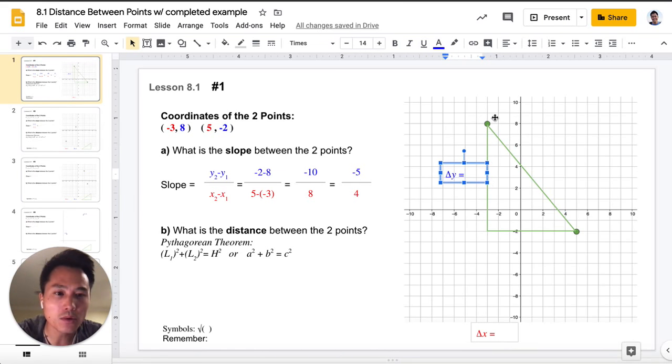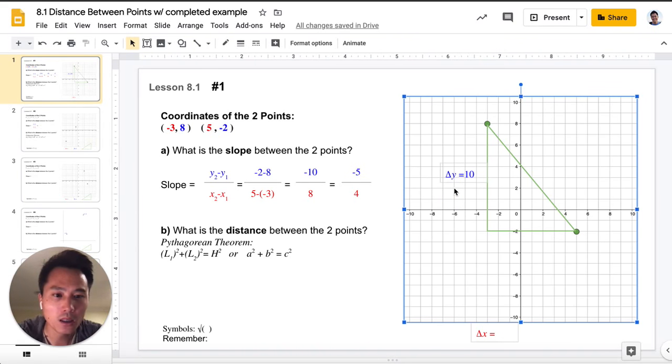The difference between those two numbers, 8 minus -2, is 10. Right? I can get this difference by subtracting, or you can also, if you have the full grid, count the squares, right? Between here and here, there's 1, 2, 3, 4, 5, 6, 7, 8, 9, 10 squares.